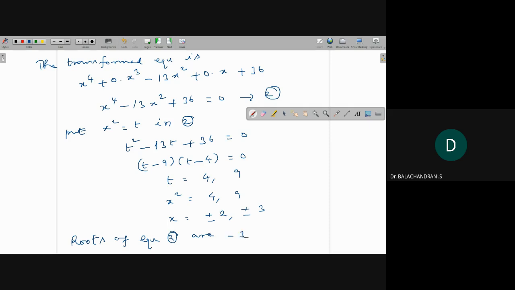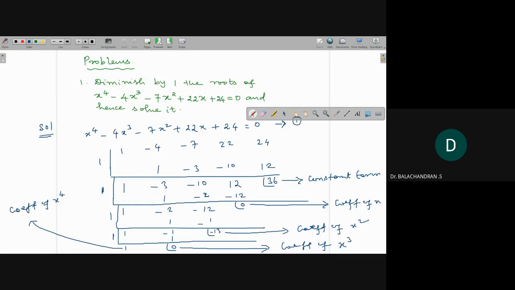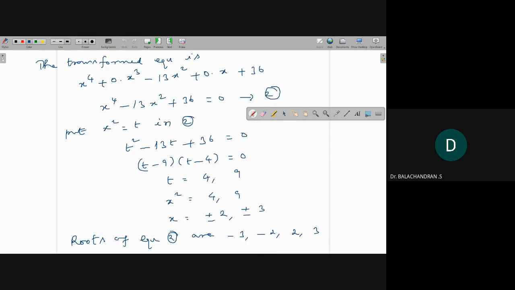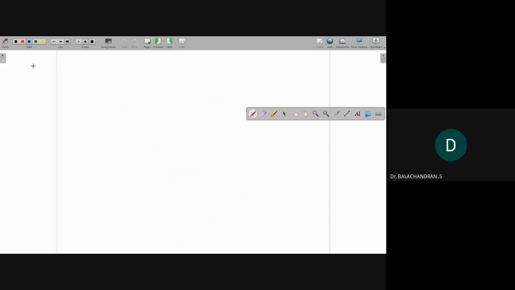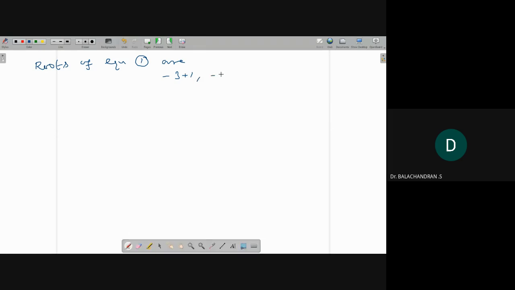I'll write in the increasing order: minus 3, minus 2, and then 2, and then 3. Okay. So now I need the roots of equation 1. The roots of equation 1 are minus 3 plus 1 because I need to add 1, and then minus 2 plus 1, and then 2 plus 1, 3 plus 1.